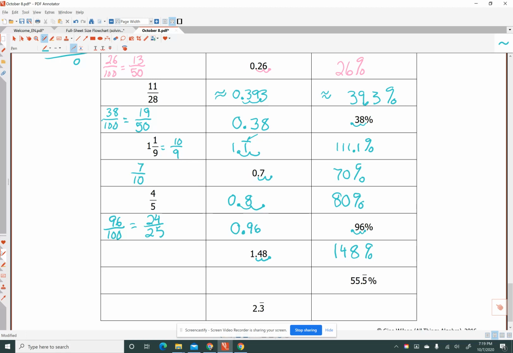So if we convert in this direction, because we have more than 1, okay, we have 1 and we have 48 100ths, which we will be able to reduce. 48 and 100 are both divisible by 4, so that would give us 1 and 12 25ths.